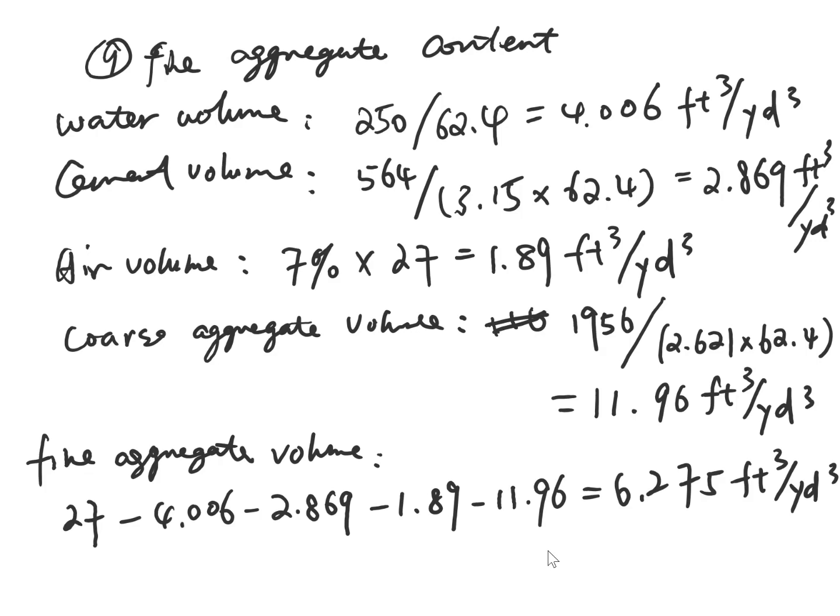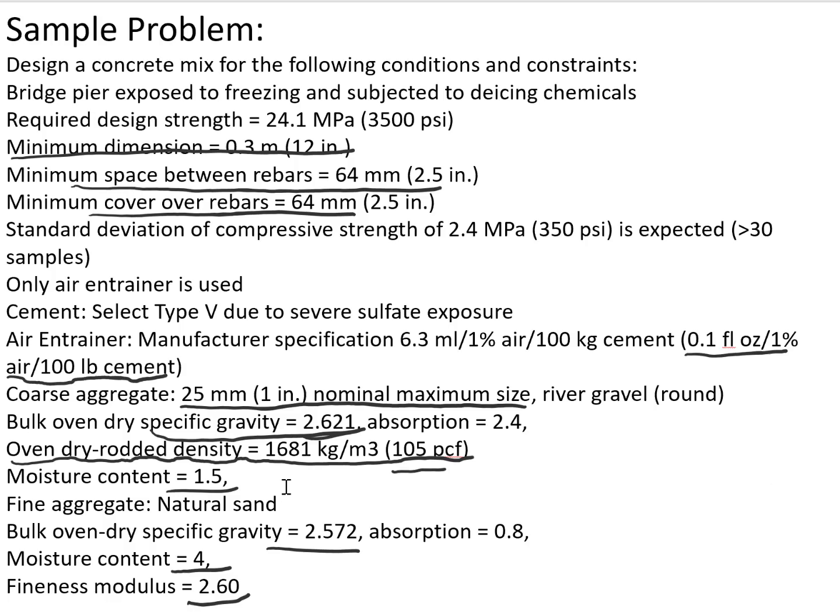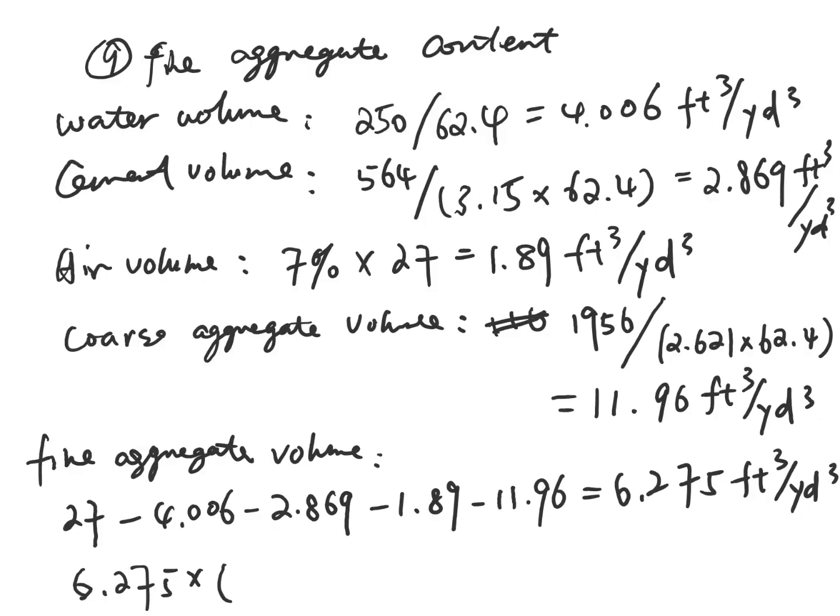So if you want to calculate the weight, it should be the volume, which is 6.275, times the unit weight of fine aggregate, which is the specific gravity of fine aggregate, 2.572, times the unit weight of water at 4 degrees Celsius.